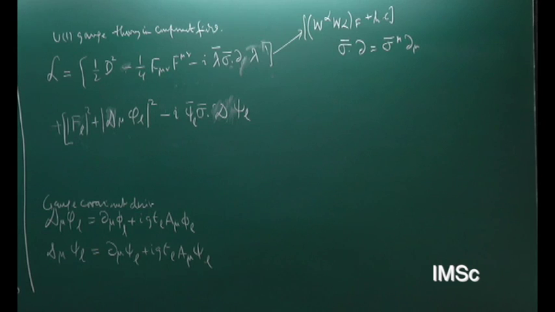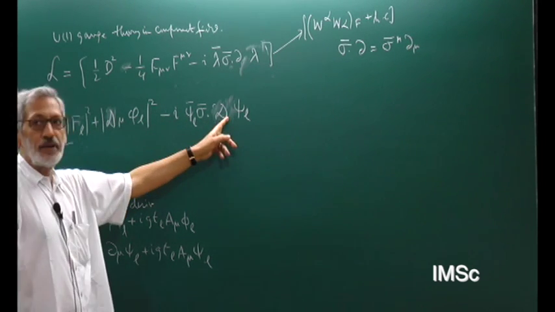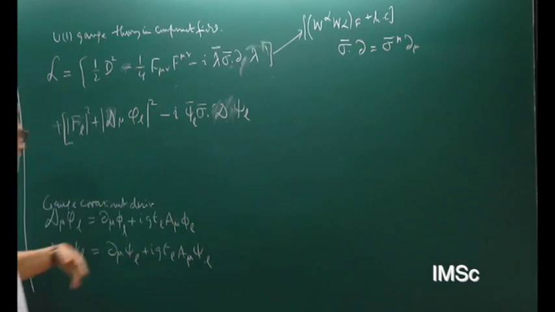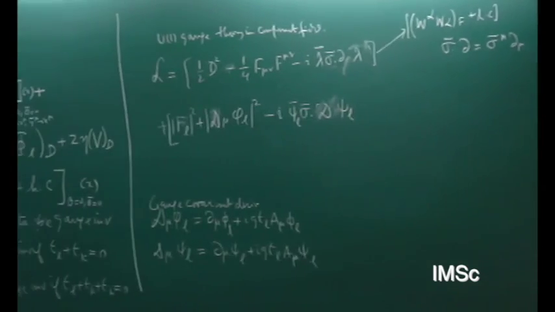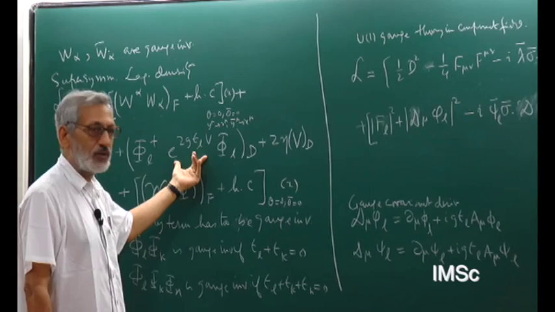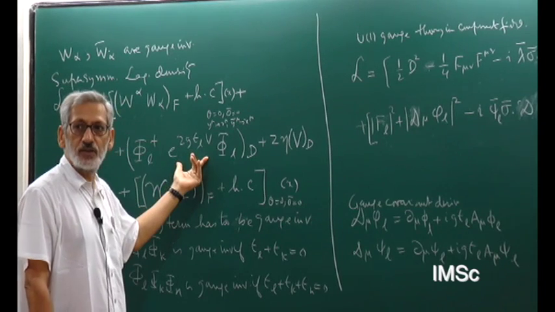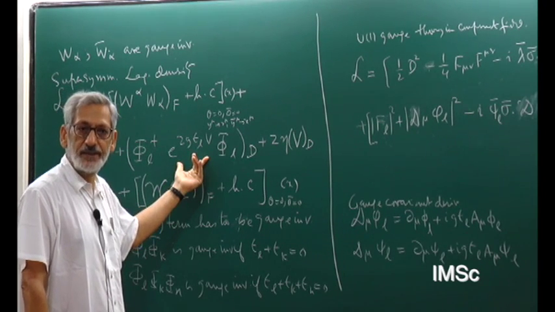If we did not have this interaction, we would have had these pieces with the ordinary derivatives. What this interaction has done, by inserting this, is convert the ordinary derivatives on charged fields to covariant derivatives.